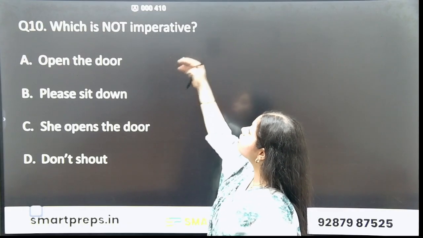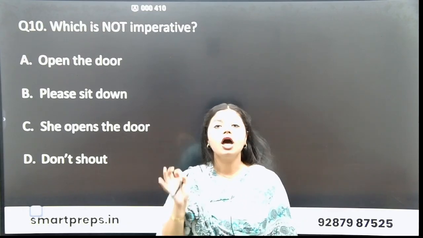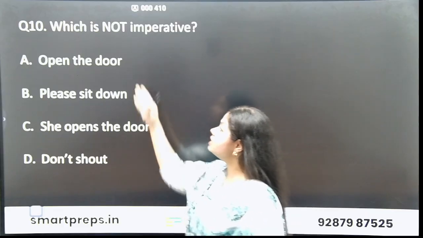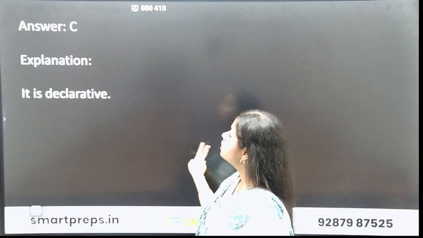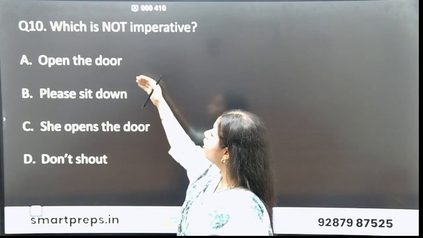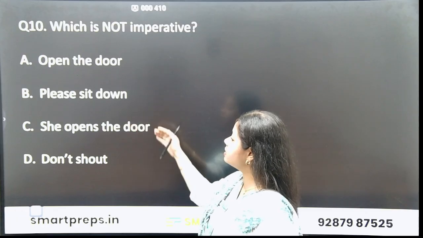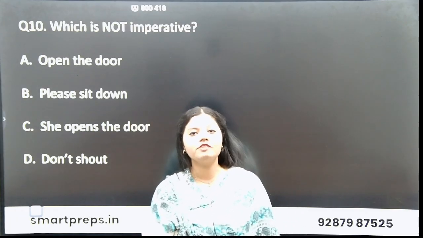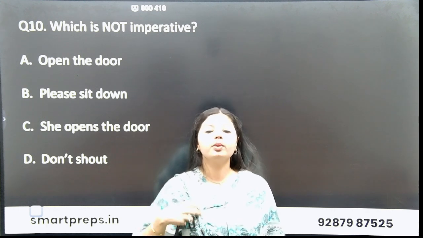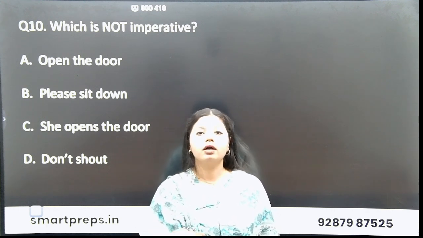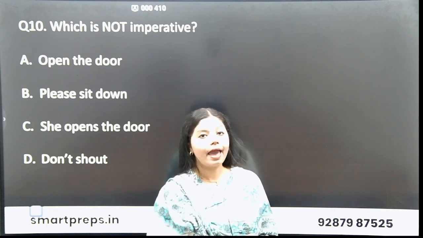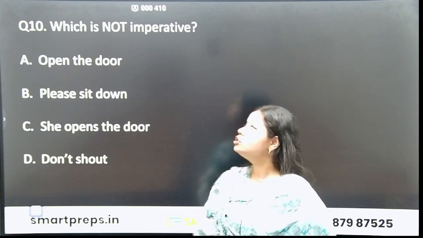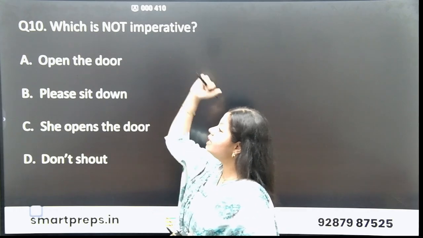Next question: which is not imperative? Which is not an imperative sentence from the particular options? Open the door, please sit down, she opens the door, don't shout. Imperative means whenever we are issuing an order, a command, or offering an advice or a suggestion. Open the door seems imperative.